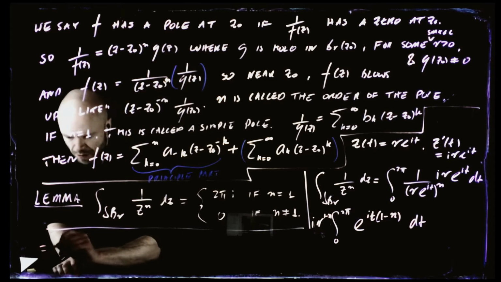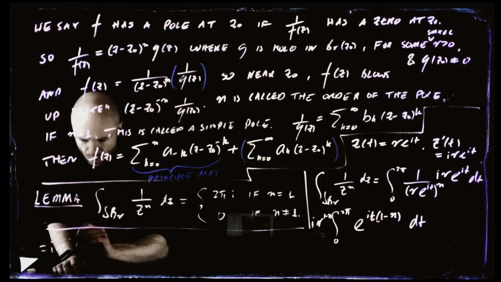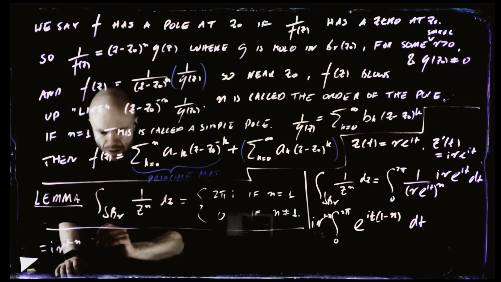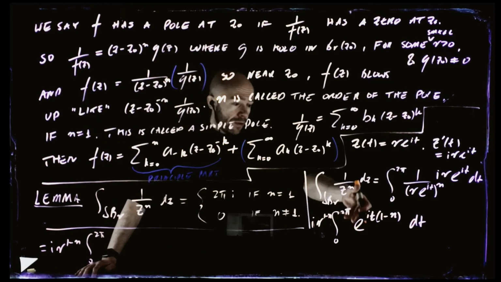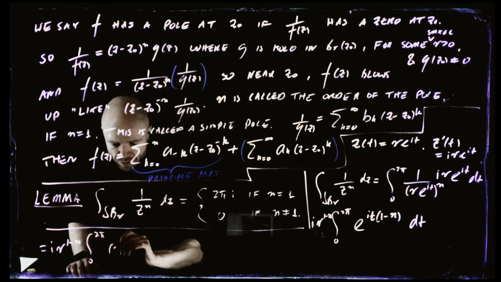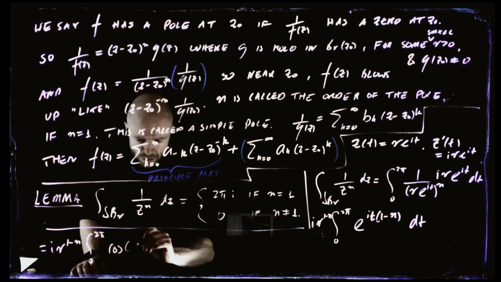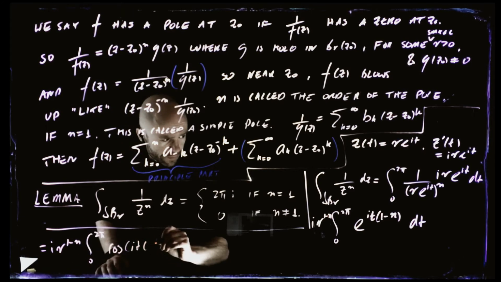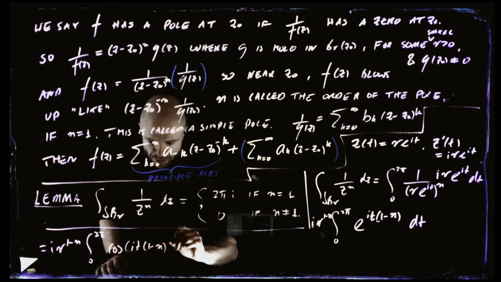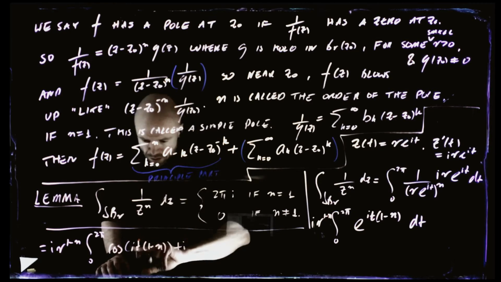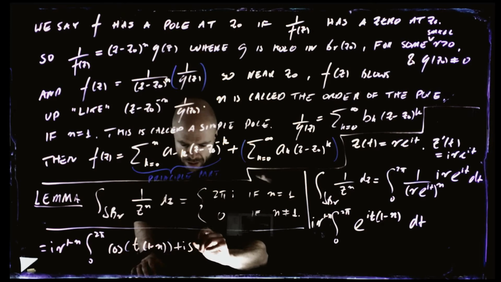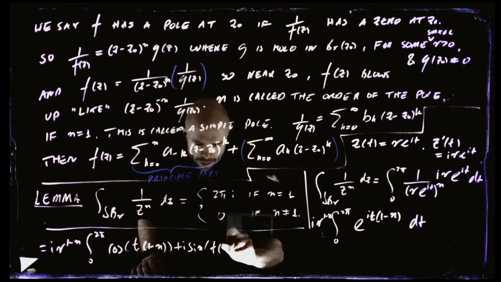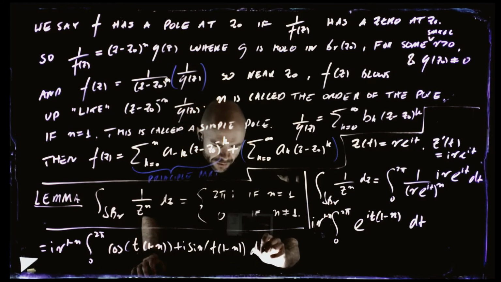So this is equal to i r to the 1 minus n, and if we just expand this out, we know what e to the i whatever is. It's equal to the integral of cosine of t times (1 minus n) plus i sine of t times (1 minus n) dt.